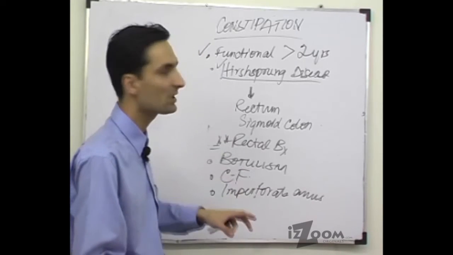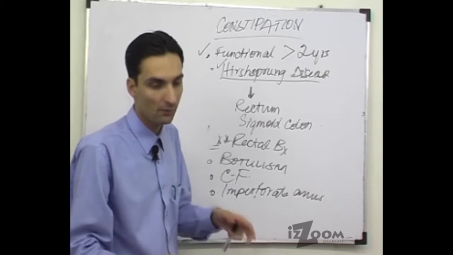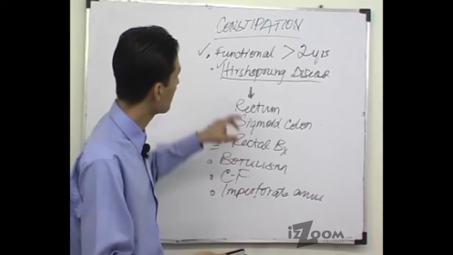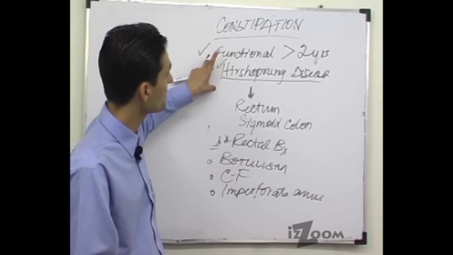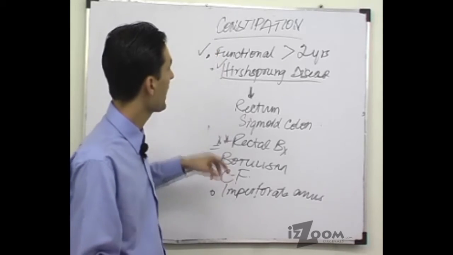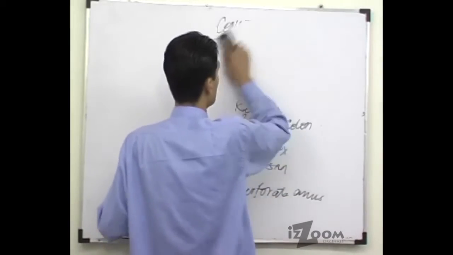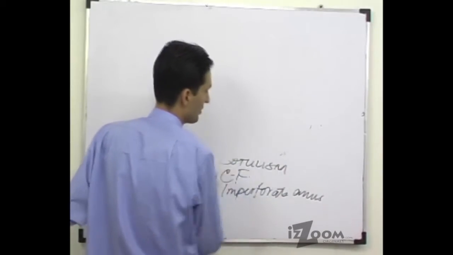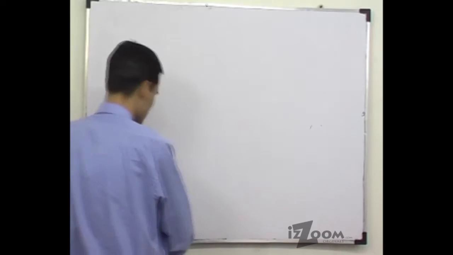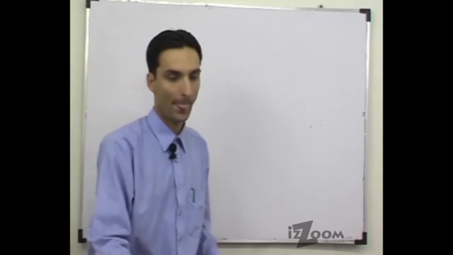In Hirschsprung's disease, the rectum will be empty of stool, and it is confirmed by rectal biopsy. In functional constipation, the rectal biopsy will definitely be normal. So that's all about constipation.